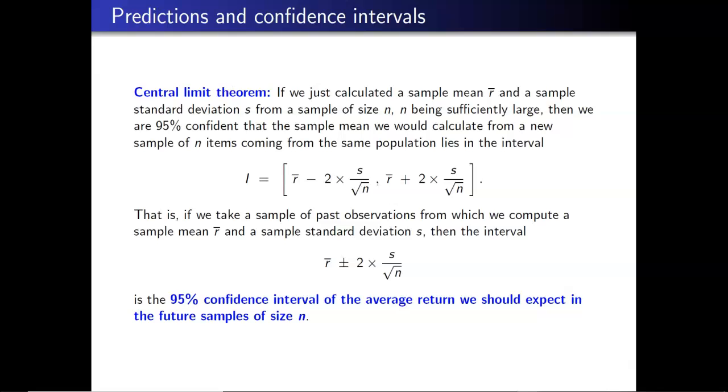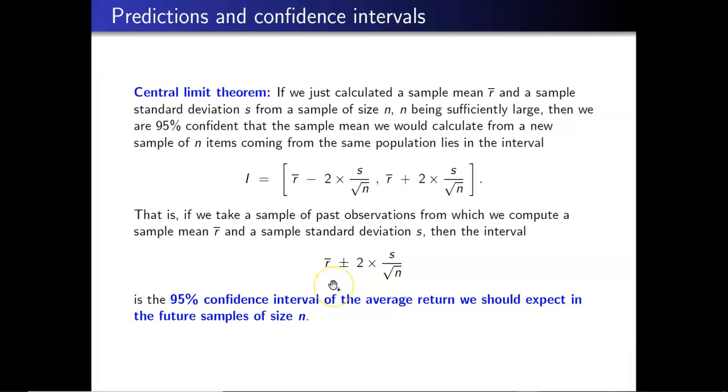If we just calculated a sample mean R overline and a sample standard deviation S from a sample of size n being sufficiently large, then we are 95% confident that the sample mean we would calculate from a new sample of n items coming from the same population lies in the interval sample mean minus 2 times standard error to sample mean plus 2 times standard error.